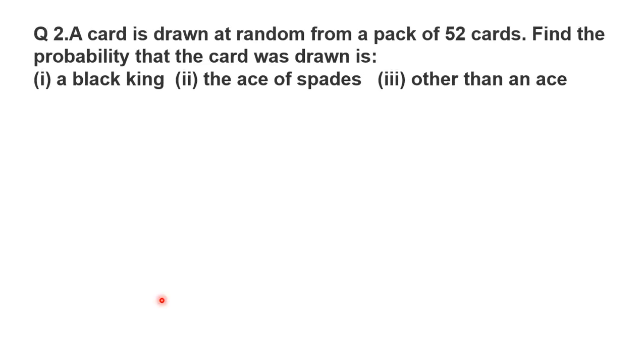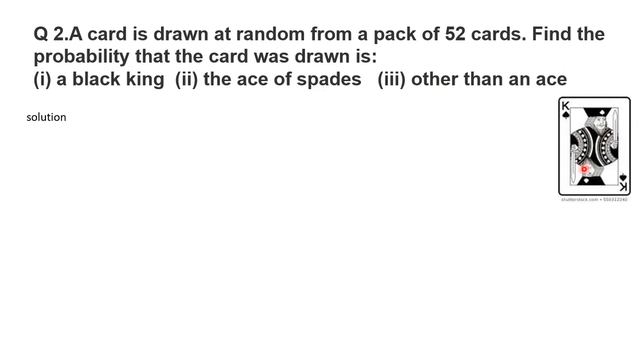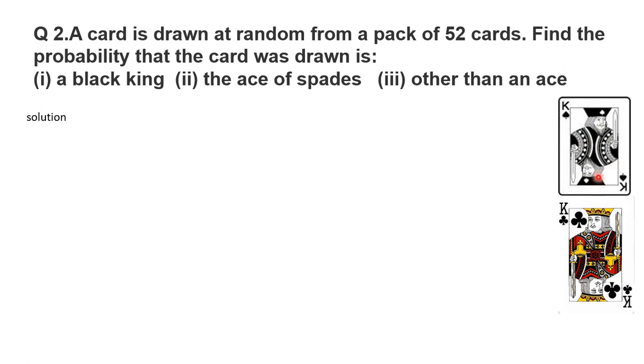Now let's come to the problem based on playing cards. Question number two: a card is drawn at random from a pack of 52 cards. Find the probability that the card drawn is a black king, the ace of spade, and other than an ace. A black king is club or spade, so these two are the black kings.